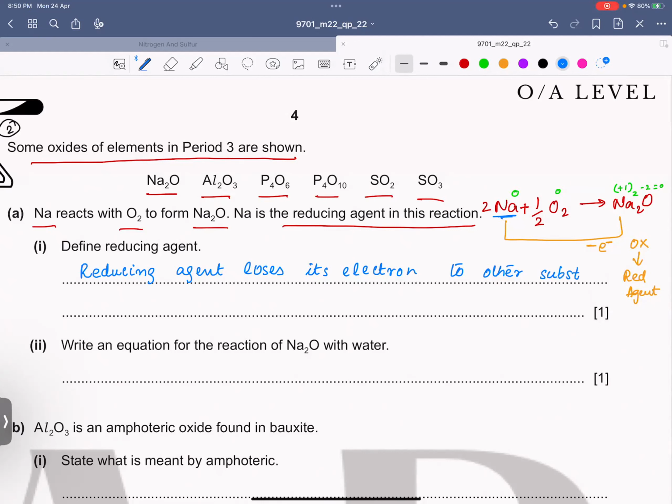It's better to write in terms of electrons. Okay sir. Yeah, you can write that as well, but it's better to write in terms of electrons. Is this clear to everyone? Yes. Okay.